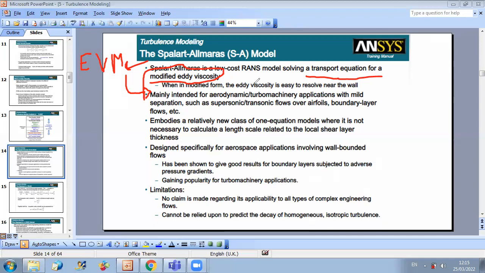For example, in the Spalart-Allmaras model, we are adding one equation for the modified eddy viscosity, and we should know that it's applicable for such problems. So if your CFD project is related somewhat to development of boundary layers or to aerodynamic or turbomachinery applications, then this model will perform in a good way.